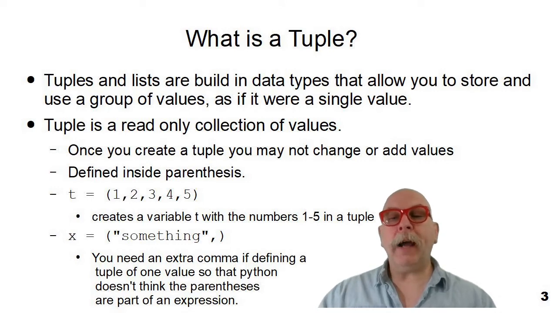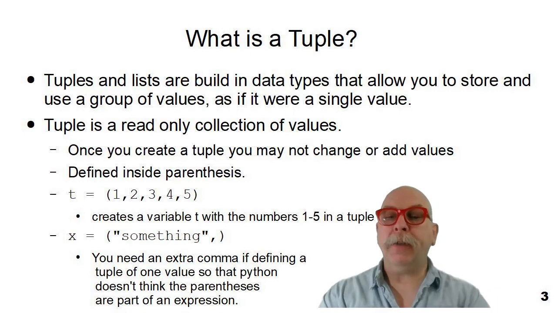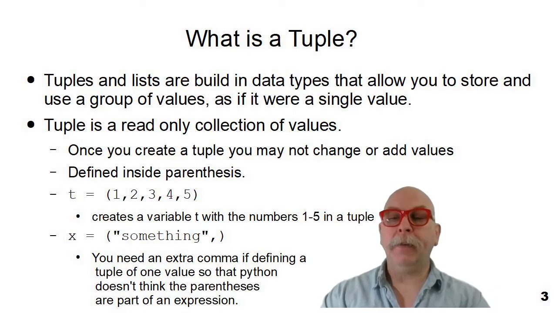So you define a tuple inside of parentheses, and you can see here I define the tuple T containing the numbers 1, 2, 3, 4, and 5, and you place a comma between the values.